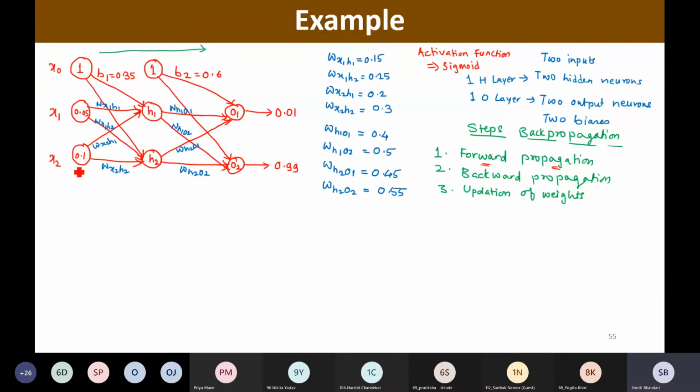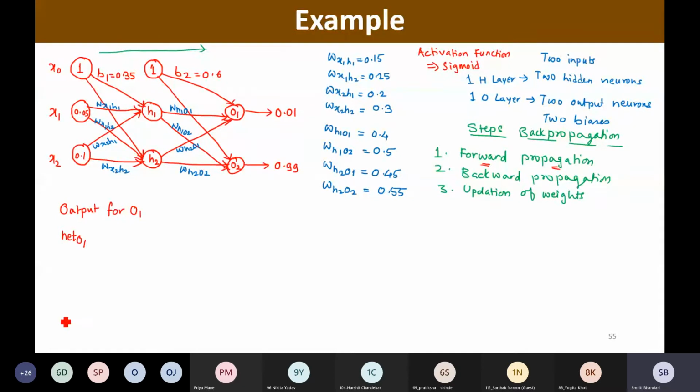So we are computing the output for O1, right? While computing the output of O1, we need to compute the net O1, that is the input for O1, and then we need to compute the output of O1.